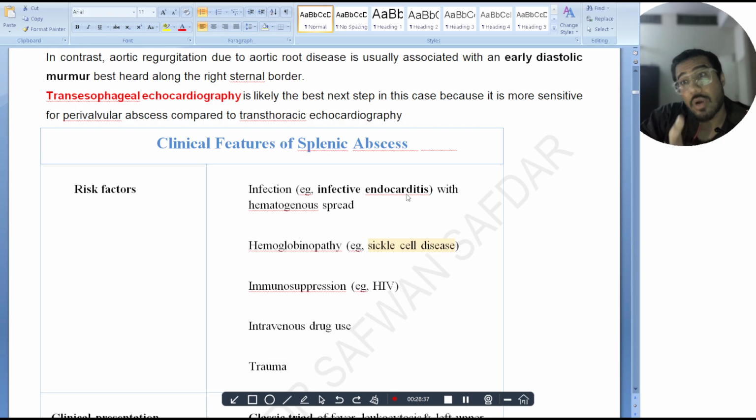Infective endocarditis, as I told you, is a reason behind thinking of splenic abscess, like it might be a distant extension of the infection, like that happens in infective endocarditis. So that is a reason to suspect splenic abscess, plus left upper quadrant pain, tenderness and fever.